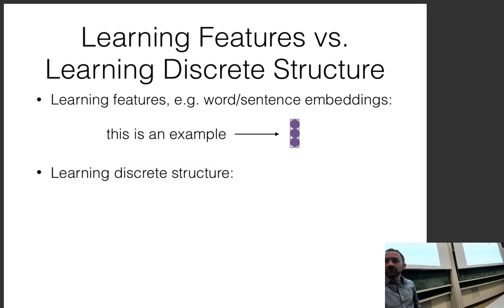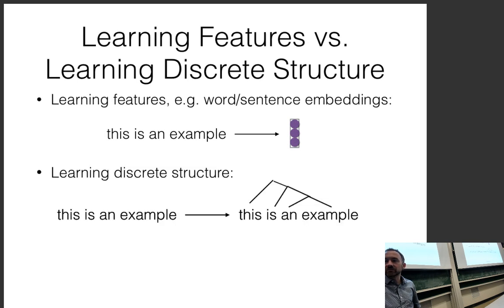In contrast, if we want to learn a discrete structure, we want to learn outputs of some type, we basically take in an input, and then our output is something that we actually can look at and care about and modulate, use to modulate information flow, etc. So a typical example of this is taking in a sentence and learning a dependency tree without having any dependency trees annotated in the first place.